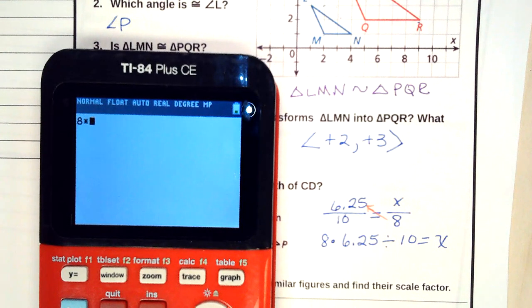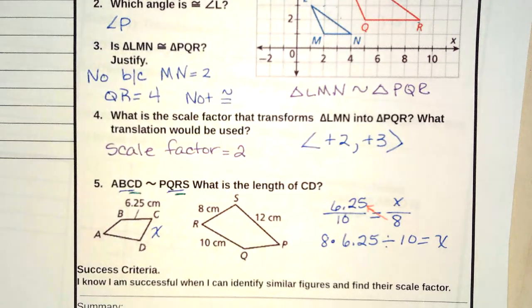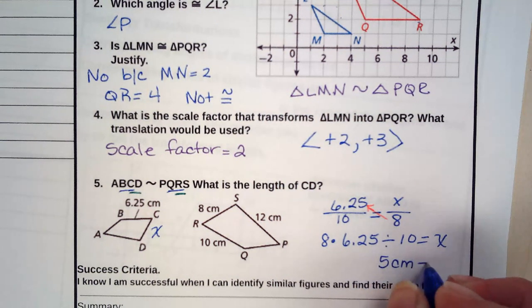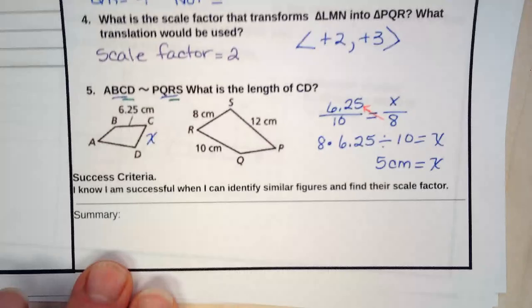Eight times 6.25 divided by 10, and we end up with 5. That would be 5 centimeters is equal to X. So you can see how you have to set those proportions up. You use your corresponding pieces to set up your proportions, and then you solve.